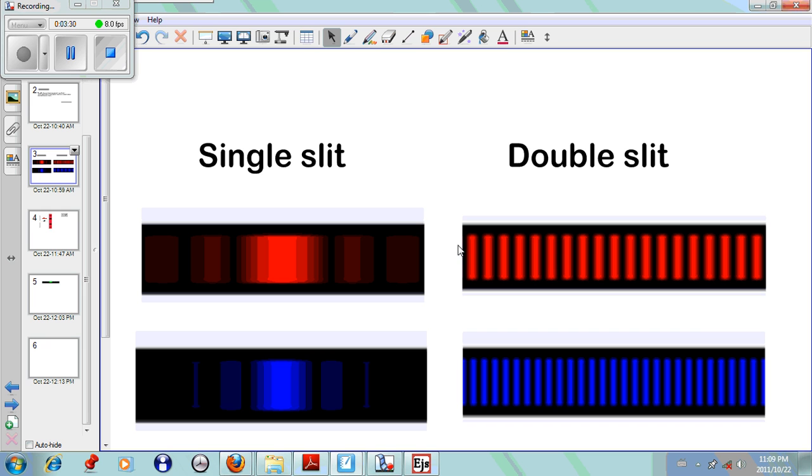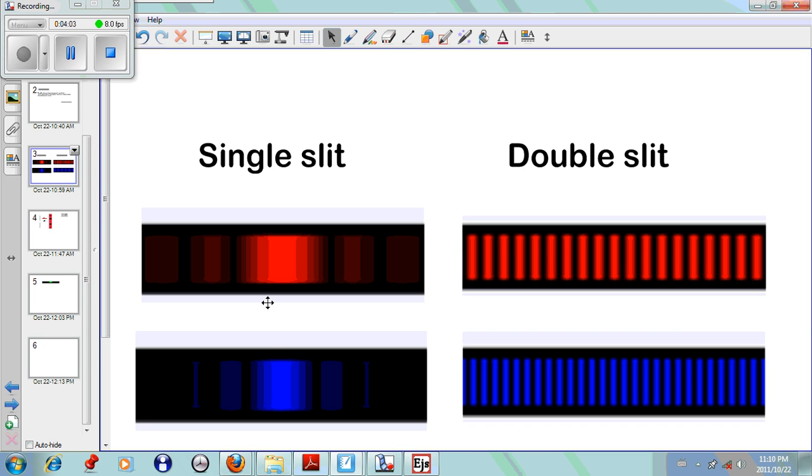Another important point to remember is that if we compare red light to blue light, the red light, when it falls on the screen, forms a broader central bright band compared to the blue light. So if we compare the pattern formed by red light and blue light, we see that the red light has a wider pattern. We can conclude from this that red light bends more, diffracts more than blue light.